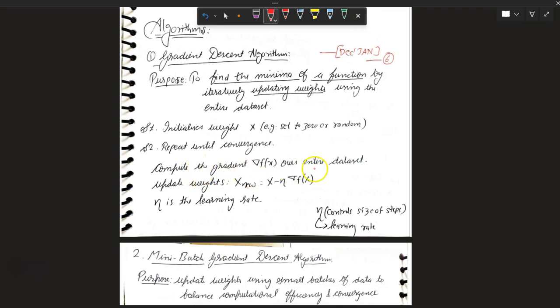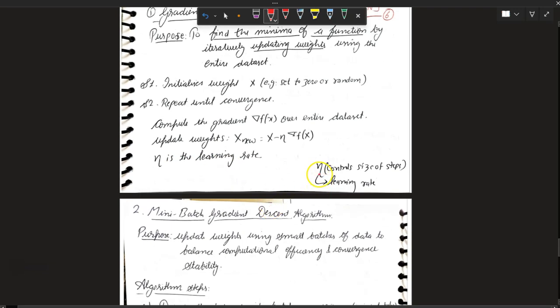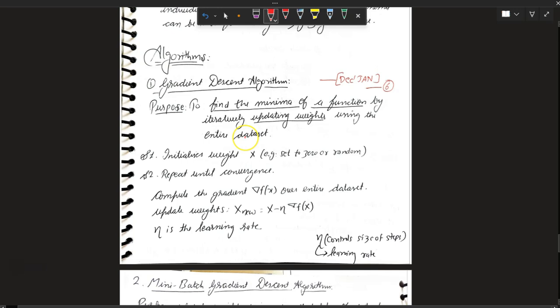Compute the gradient over the entire data set, and update weights: x new is equal to x minus eta times delta f(x). Eta is the learning rate, which controls the size of the steps. So this is the algorithm for gradient descent.